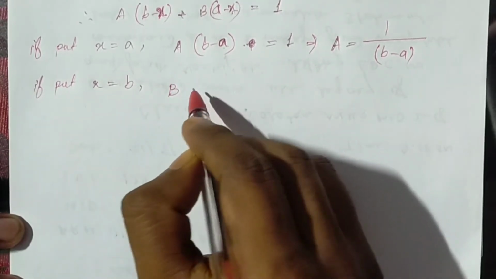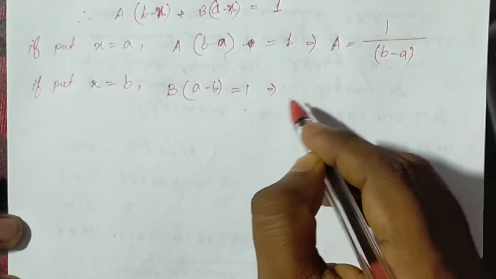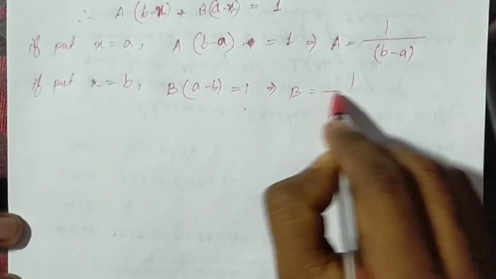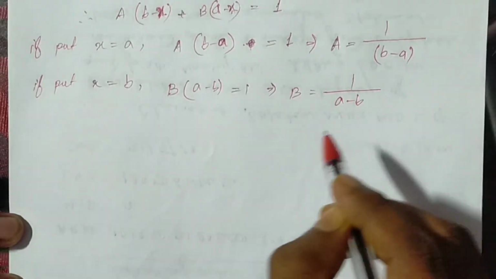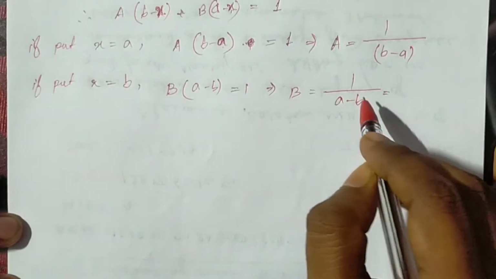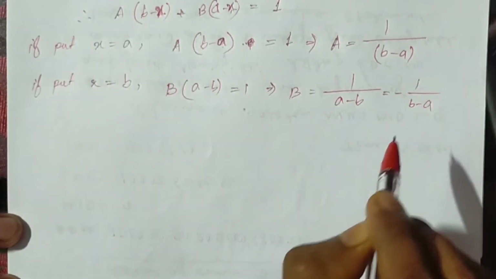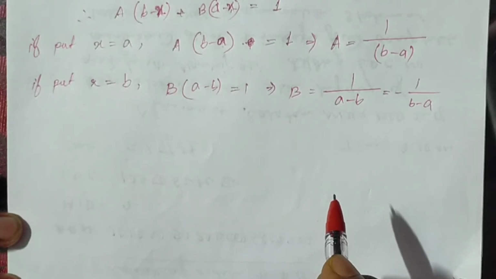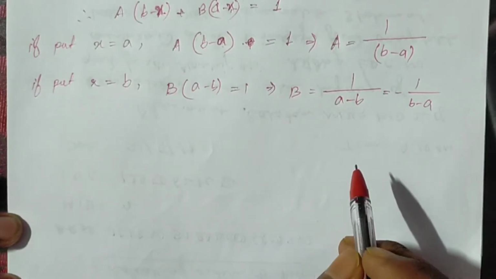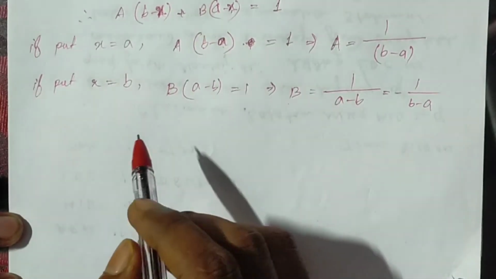So here it will be A(a minus b) is equal to 1. So we can write A is equal to 1 by (a minus b). Okay, so it is also, we can write minus 1 by (b minus a). Okay, now we are going to put this A and B value in this equation.